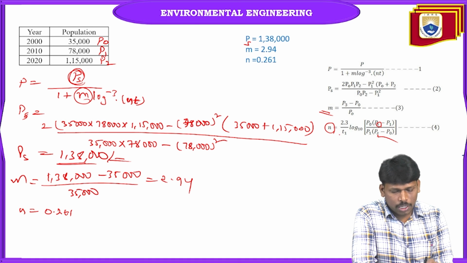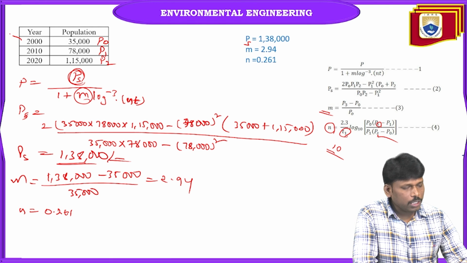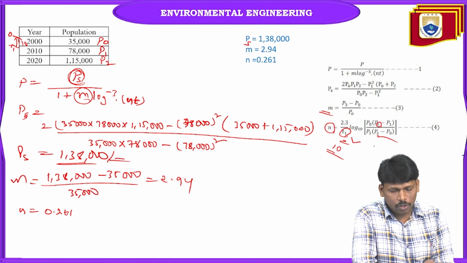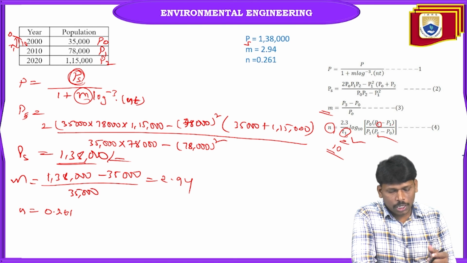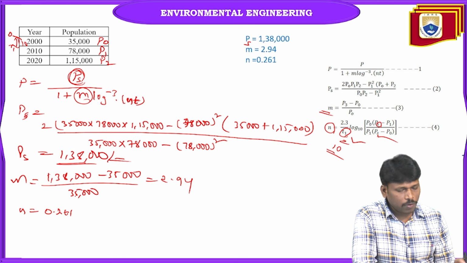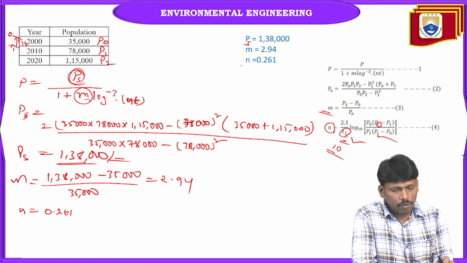Then after solving this, T1 is nothing but 10 years, because we started from here. This we consider as T1. The difference here is 10 years, so here we get 10 only. You won't get any 30, 40 like that. So after substituting our values, we will get N as this one. So now, not yet completed.